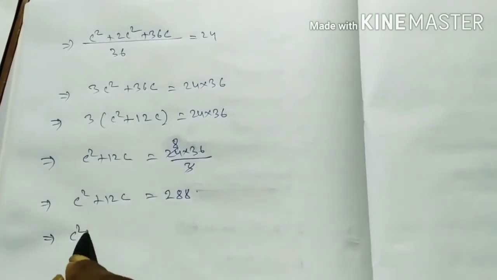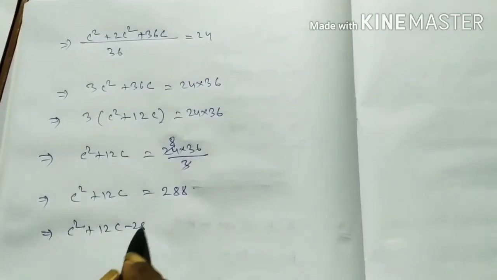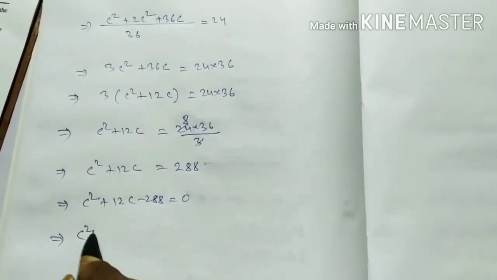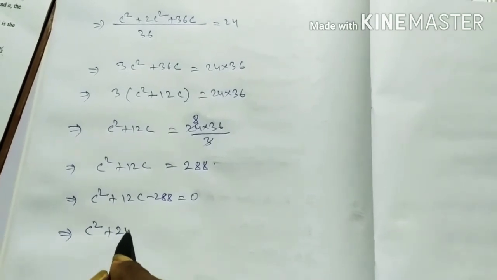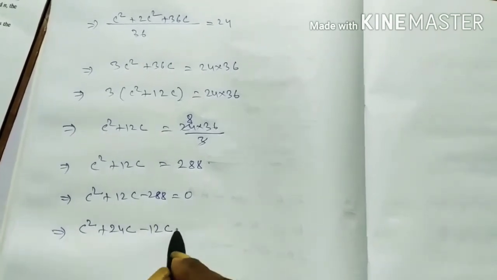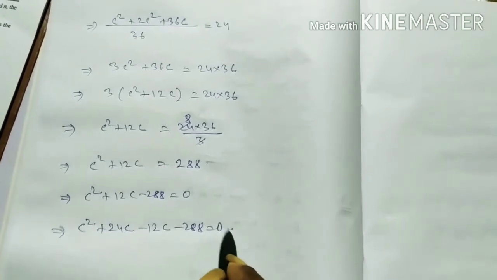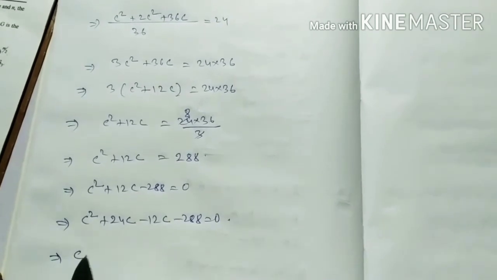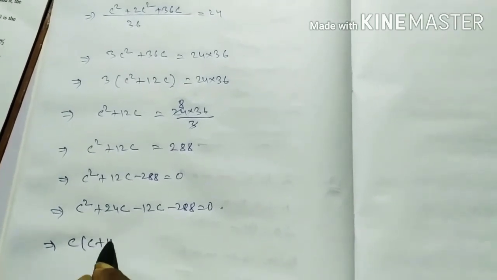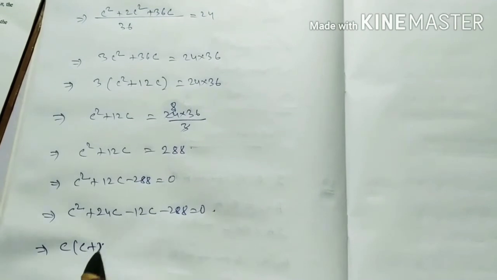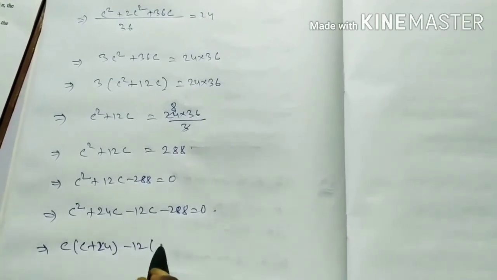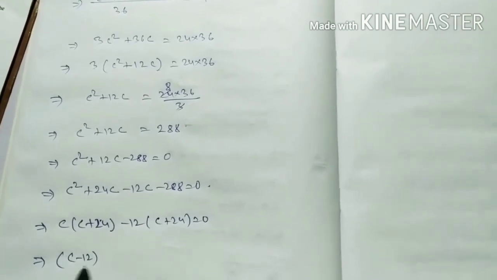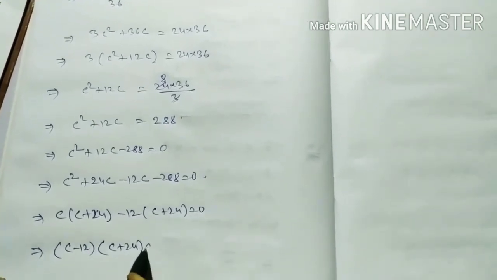So C square plus 12C minus 288 is equal to 0, splitting the middle term. So C square plus 24C minus 12C minus 288 is equal to 0, because 24 into 12 is 288. Now C common, C plus 24, minus 12 common, C plus 24 equal to 0. This is (C minus 12)(C plus 24) equal to 0.